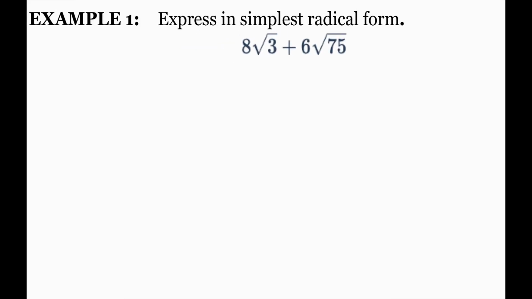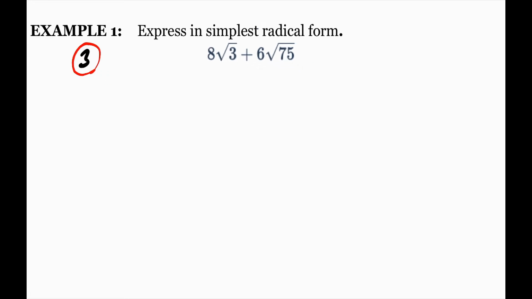The first radicand is 3, the number on the inside. Can I simplify 3 using the tree? No, because 3 is just 3 times 1. So I can't simplify that one, but let's try simplifying 75 using the tree. 75 I think will work, right?